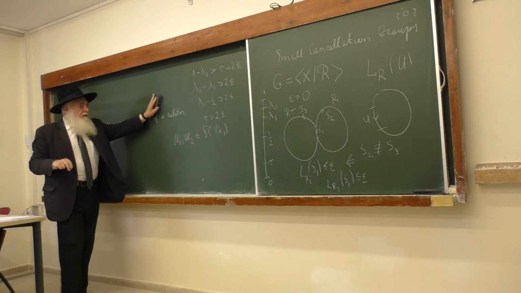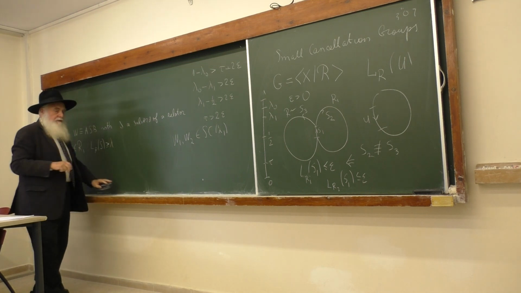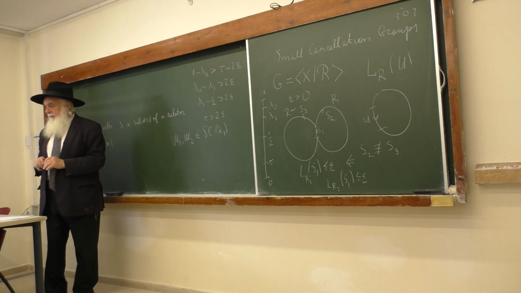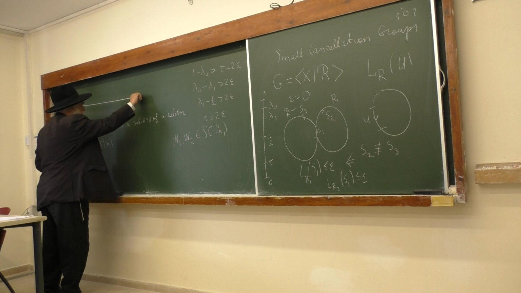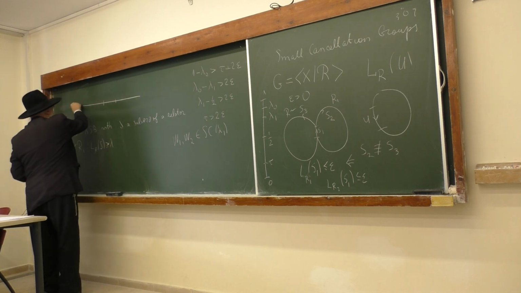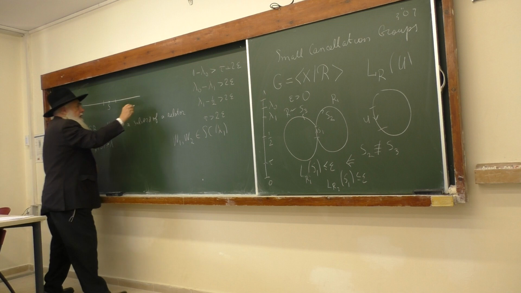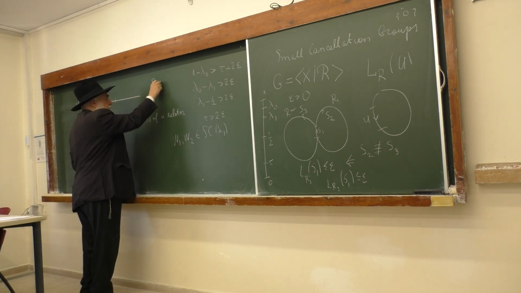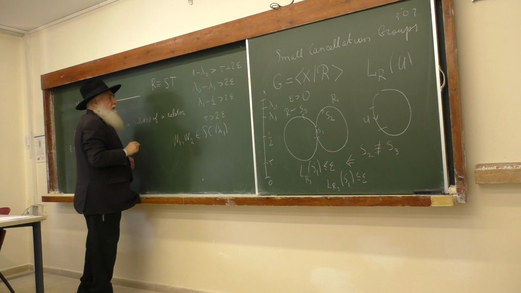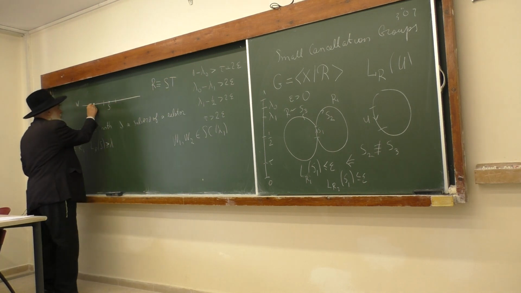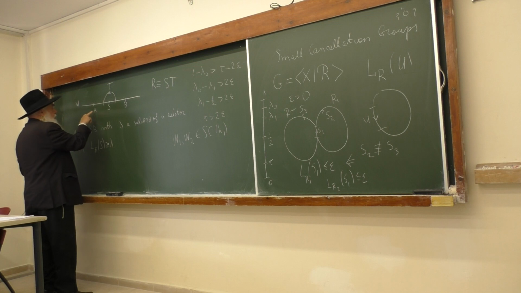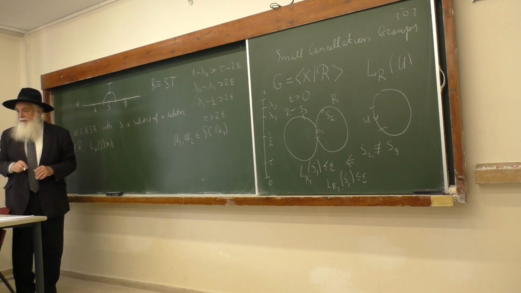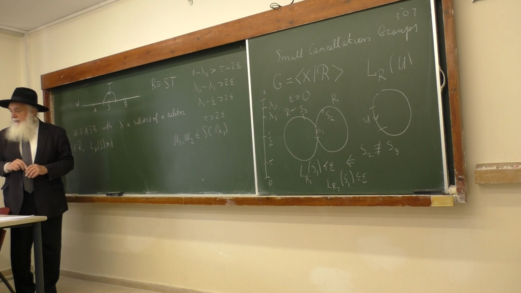Let me also recall that we have defined the notion of an R-term. If we have a word W, and its subword S, and R is a relator equal to ST, then we substitute S by the inverse of T. This we call a term.